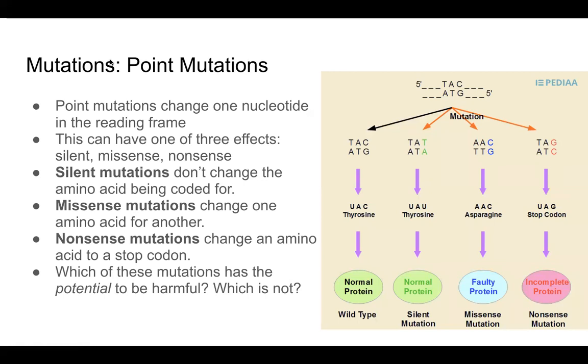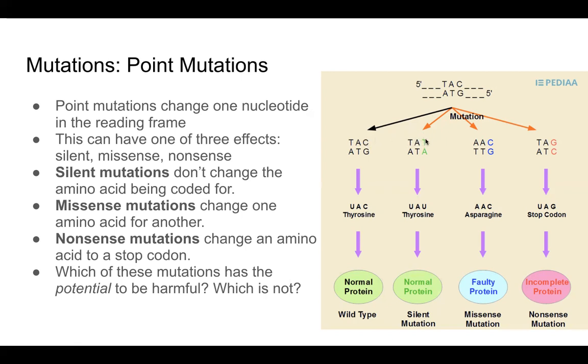So silent mutations are when you alter the DNA sequence in some way, but the end product is an amino acid that is still the same as the original one. So if we look at that chart really quickly, over to the right, the original sequence was TAC, but we changed that to TAT.